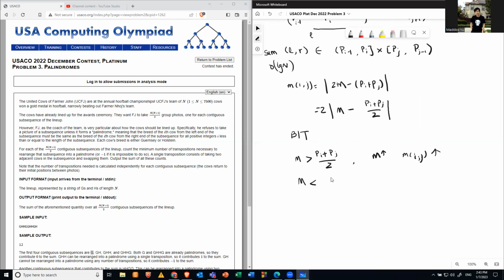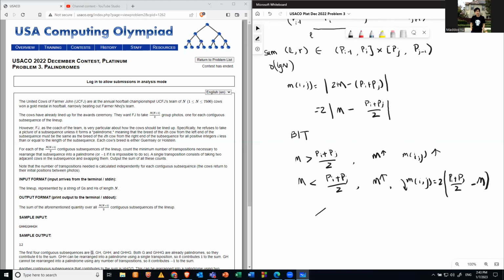If m is less than (pi plus pj) over 2, this mij function becomes 2 times ((pi plus pj) over 2 minus m). If m increases, this thing decreases, right?